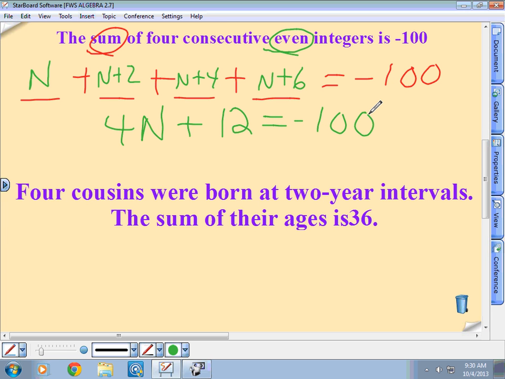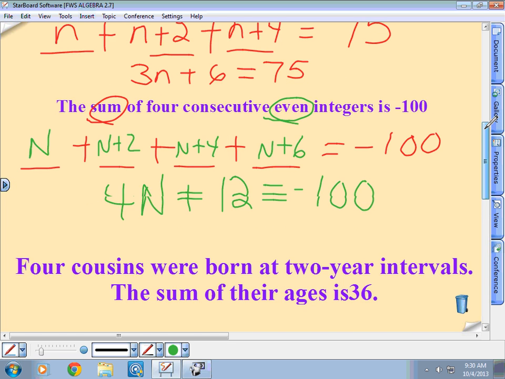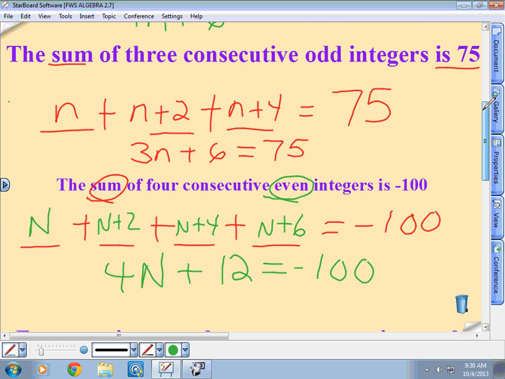Can you scroll up? I want to see that one. Why does this one have n plus 2 and n plus 4, and the other one has n plus 2 and n plus 6? Now one's odd, and the other one's even. Because all that makes it odd or even is the number I start with.